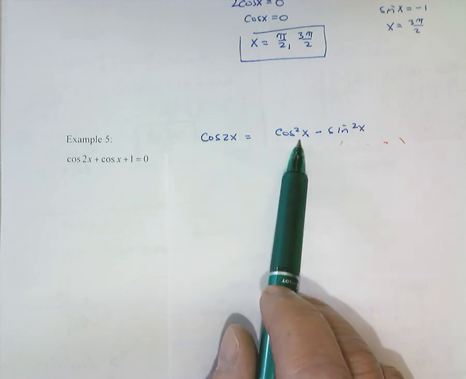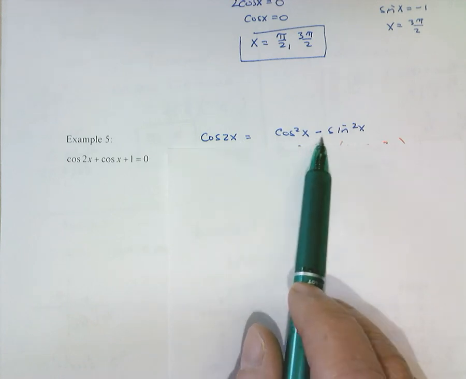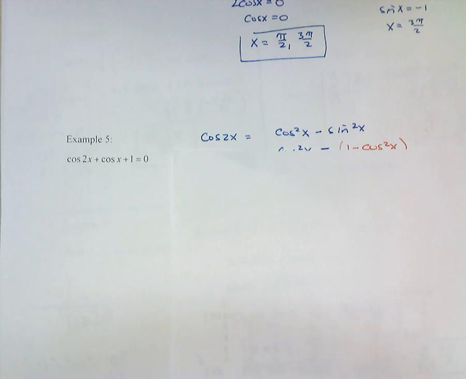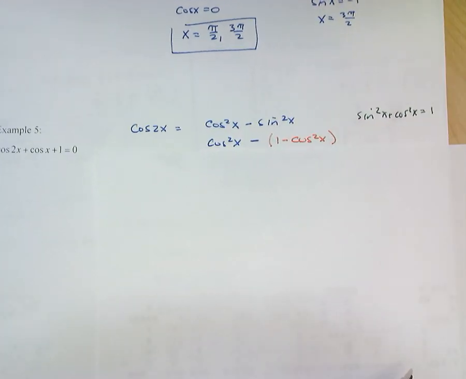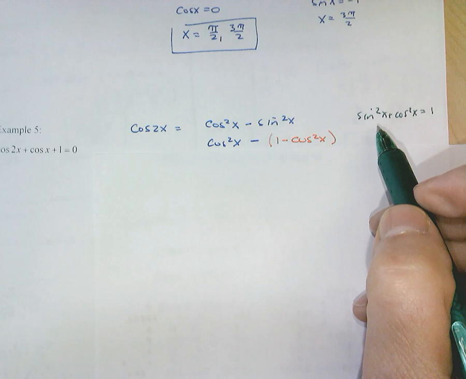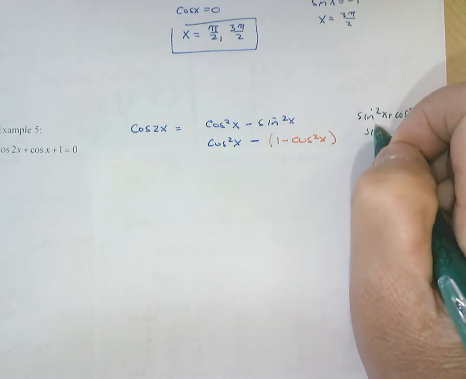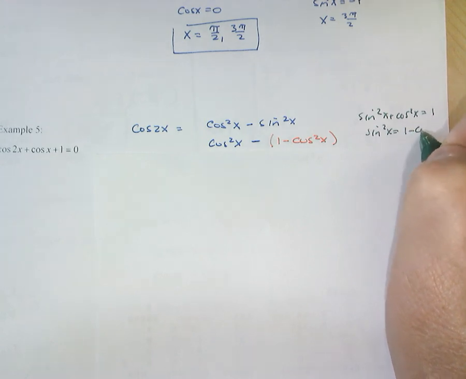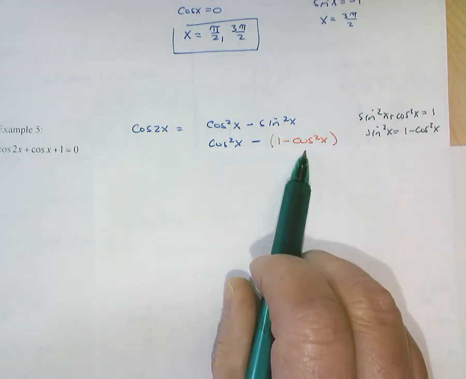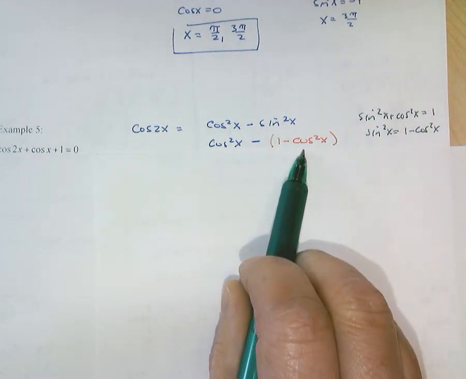Since cosine 2x equals cosine squared x minus sine squared x, and because sine squared x plus cosine squared x equals 1, if I replace sine squared x with what I can solve this for, and we've done this before, that's where I get the 1 minus cosine squared x.